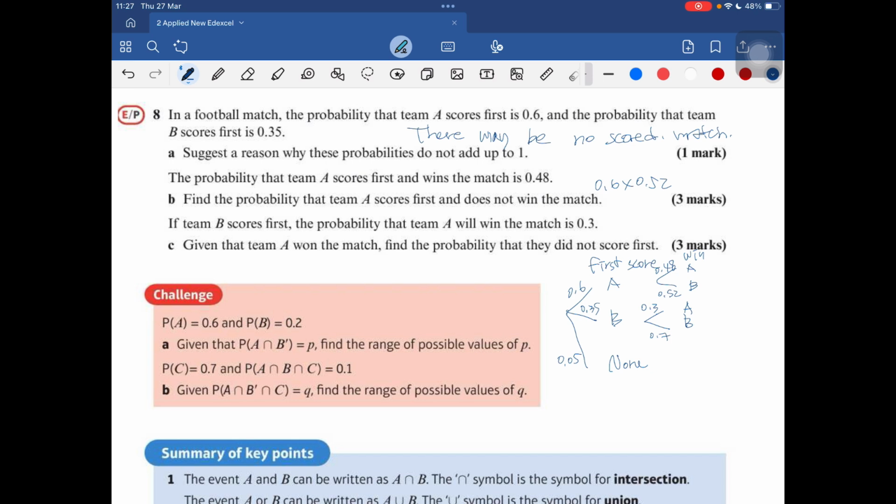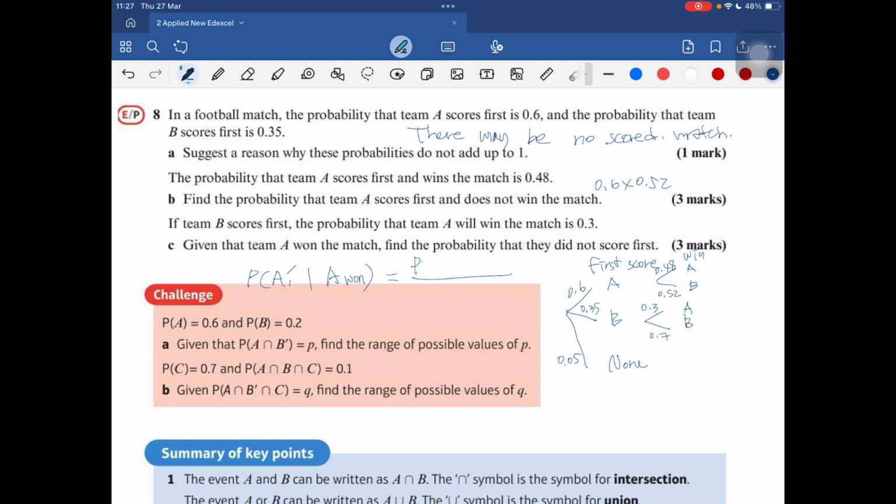So given A won the match, the probability A did not score first. So A did not score first, but A won.